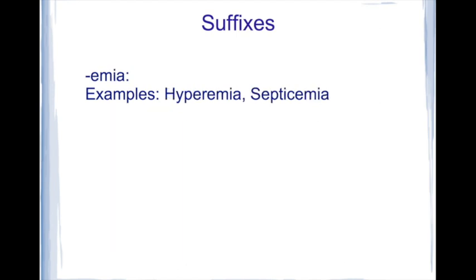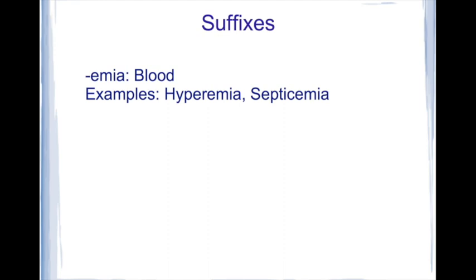Okay, emia, like hyperemia or septicemia. So something is septic, that means there's some sort of infection or it's just gross stuff, right? Hyperemia, when somebody gets a massage, the area the massage therapist is working on becomes red, right? Blood vessels dilate and bring more what into the area? Blood.